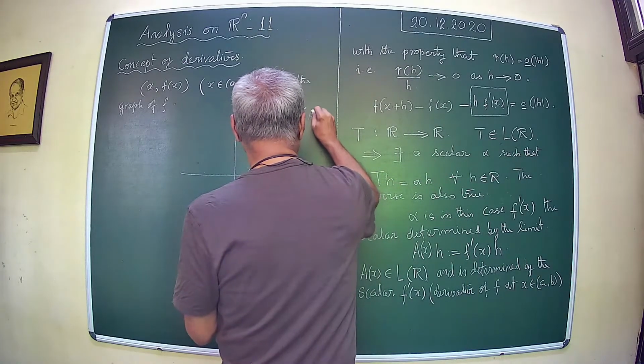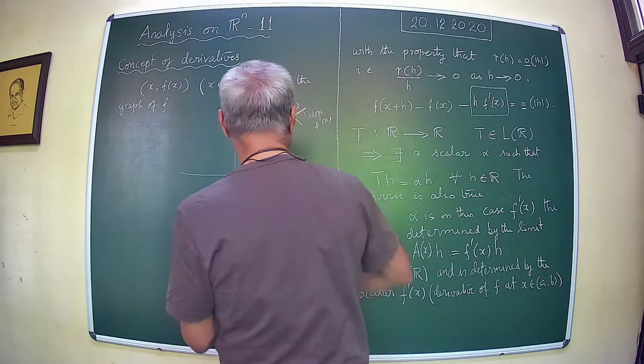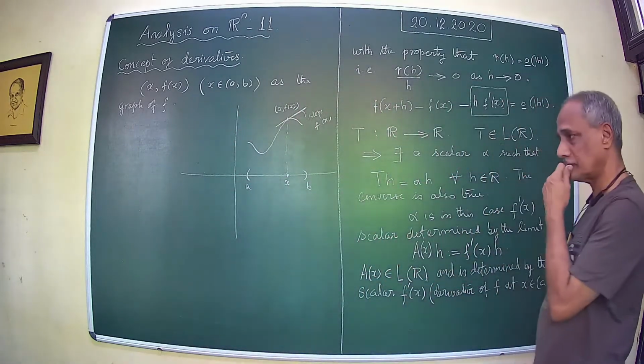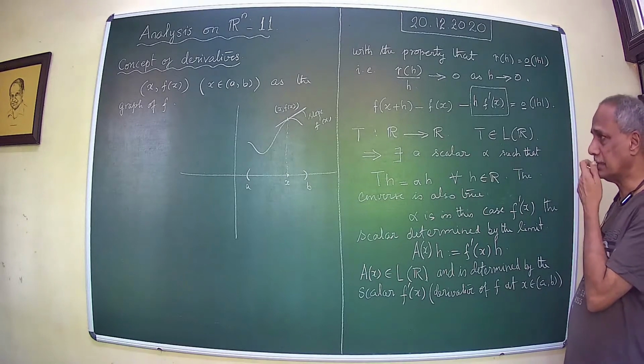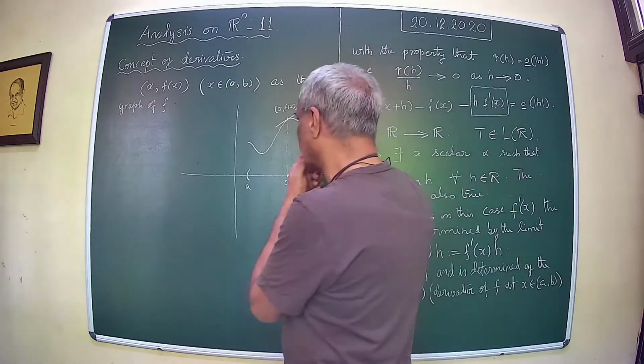Slope whenever it increases. Okay. So what does this give? What is the equation of this line?